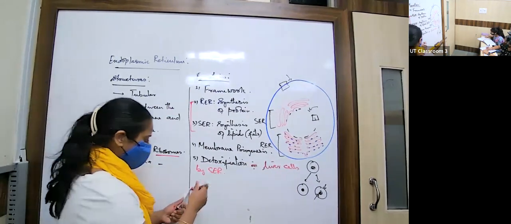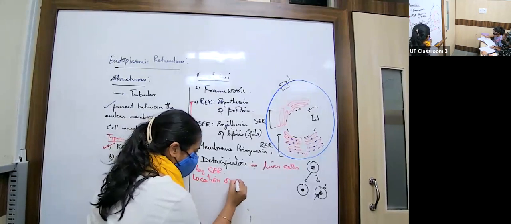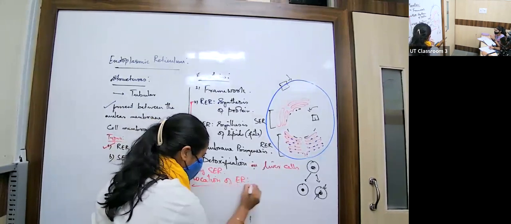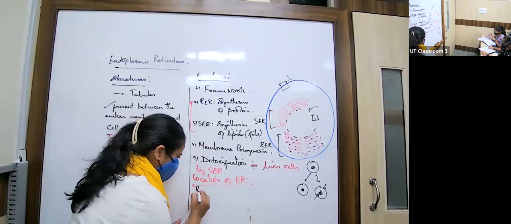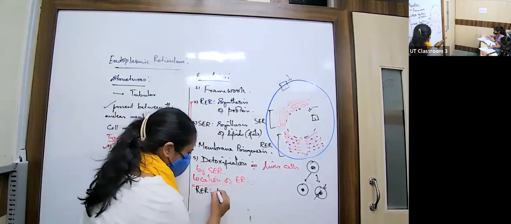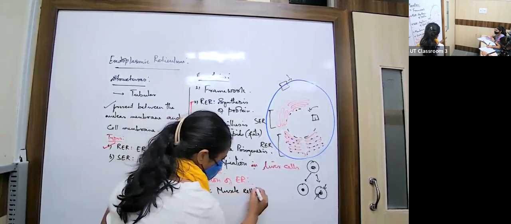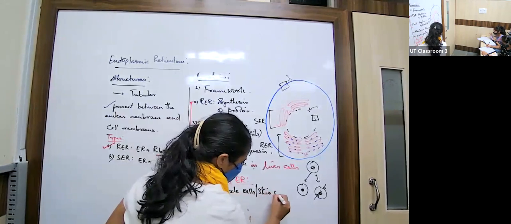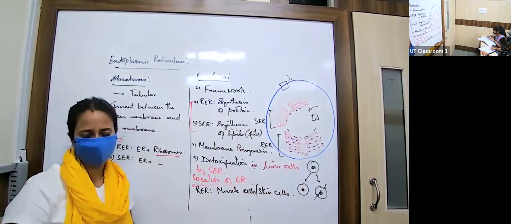Now we are more interested again to talk about the location of endoplasmic reticulum type wise. Meaning, if I talk about RER, where is RER majorly present? I would say RER is majorly present in the muscle cells, in the skin cells, जहाँ पे proteins की ज़्यादा ज़रूरत है.